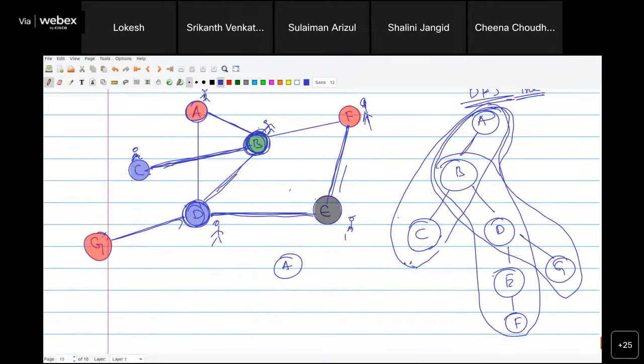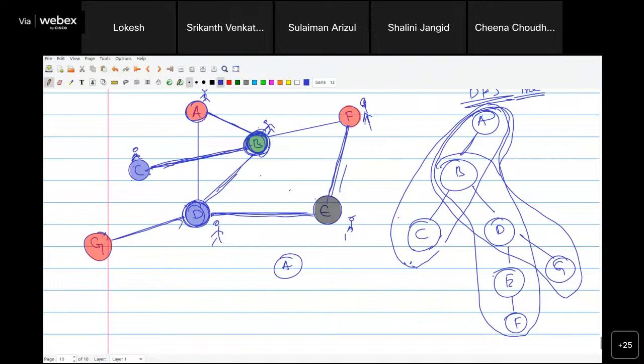If alphabetical order is not mentioned, you do the depth first search via alphabetical order, or numerical order if the vertices are labeled with numbers.